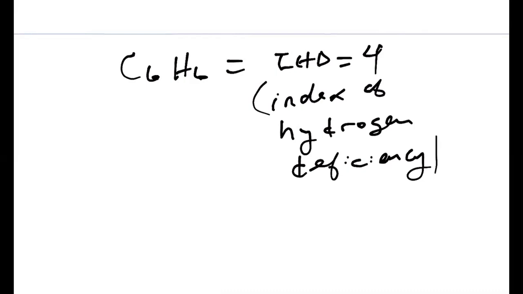So we said that if we had a ring with 6 carbons in it, and we put 3 double bonds in that ring, that would satisfy that, wouldn't it? Because the ring is a degree of unsaturation, and then each pi bond is a degree of unsaturation. So that's a total of 1 ring and 3 pi bonds, which totals up to 4. Is that right? Yes, that's right.